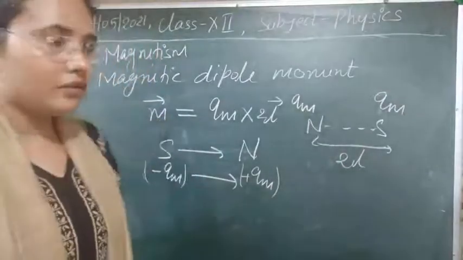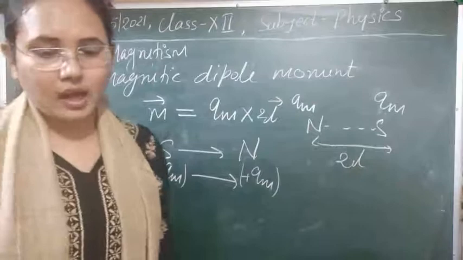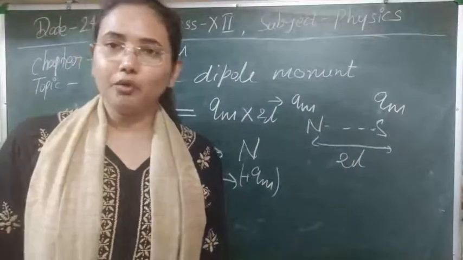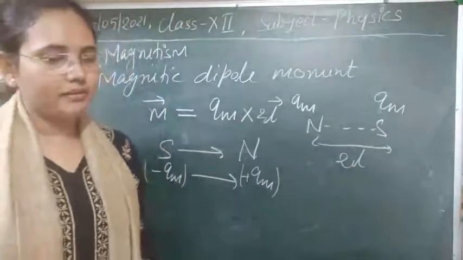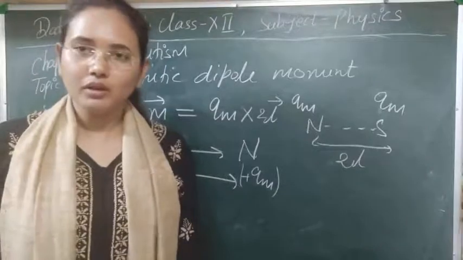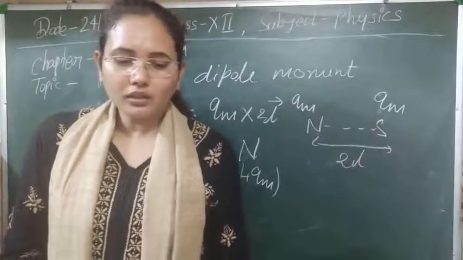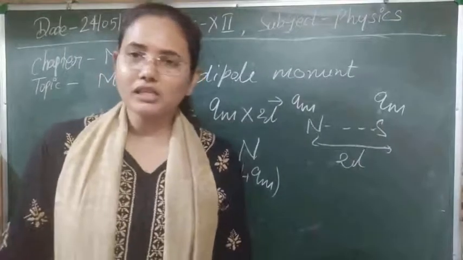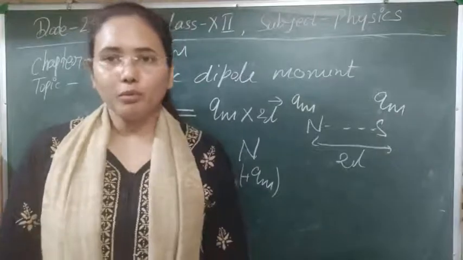Now, if you cut a magnet of pole strength qm into two equal parts, suppose you have a bar magnet, which is also just a magnetic dipole, and you cut the bar magnet into two equal parts, how will the pole strength change, and accordingly how will the magnetic dipole moment change?